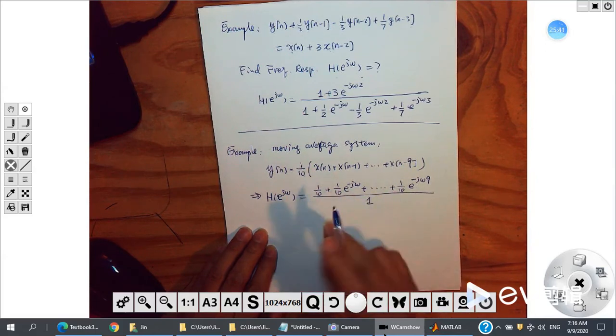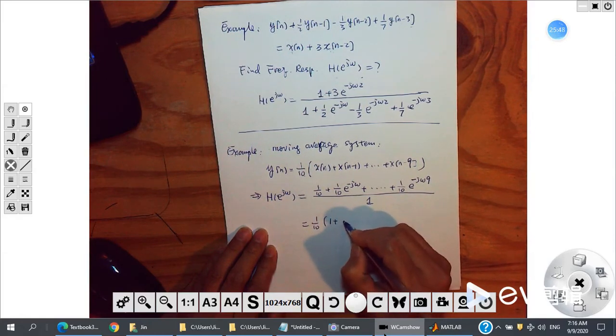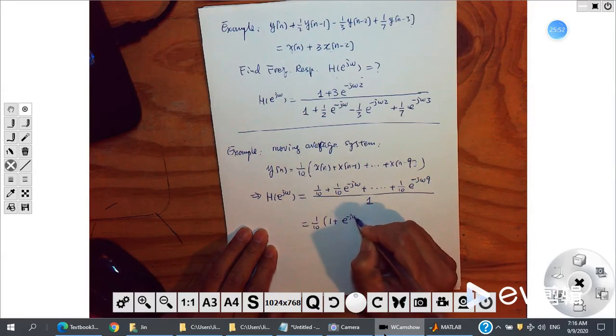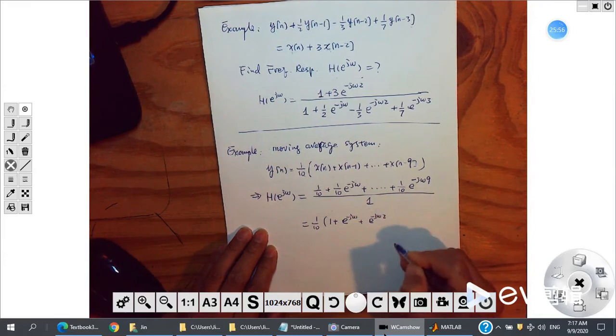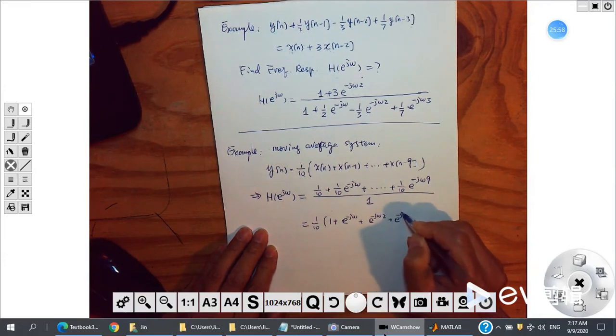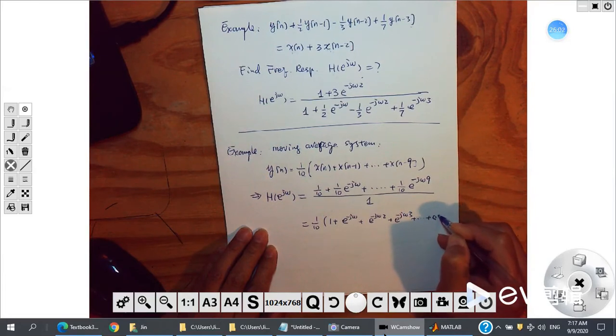It is 1 plus, you see, it's a geometric series, right? The summation of e to the negative j omega plus e to the negative j omega squared, e to the negative j omega cubed, until e to the negative j omega to the 9th.